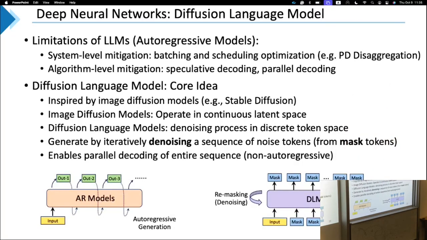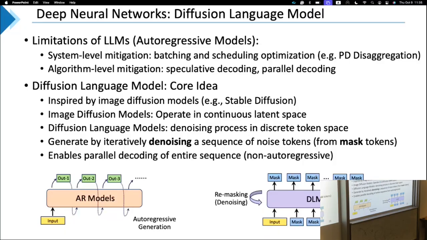Beyond large language models, there are other efficient models coming out in recent years. One of them is called the diffusion language model. The core motivation of its design is that in a traditional large language model, the decoding phase, as I mentioned before, is still autoregressive, generating token by token.